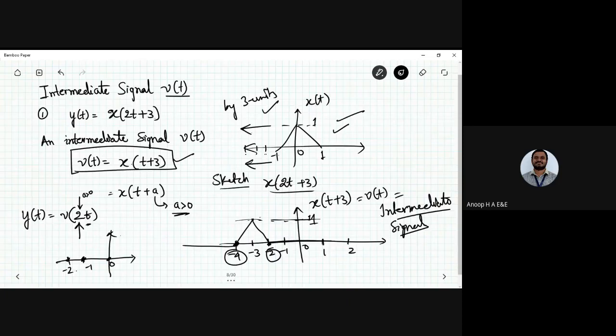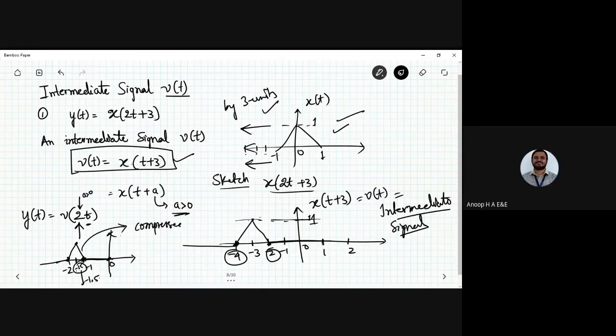Yes. Where should I write now? Minus 3 by 2 is minus 1.5. So you'll be having a peak here. So this is how I can represent the signal here. So this is the expanded version or compressed version?